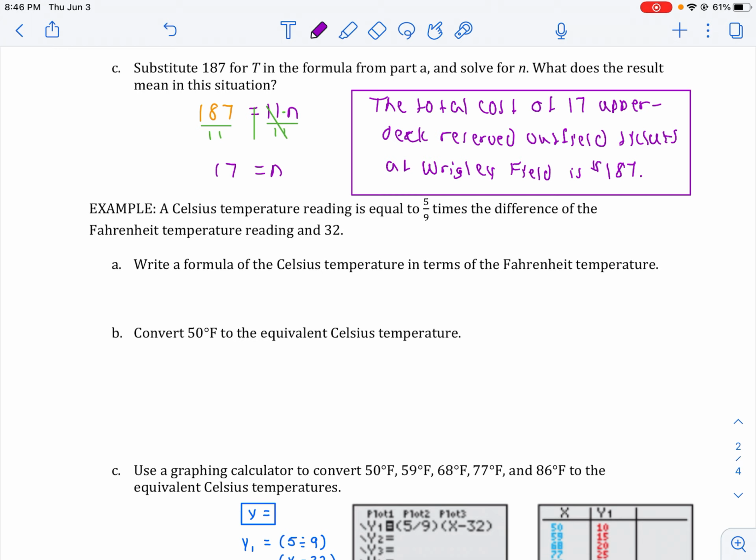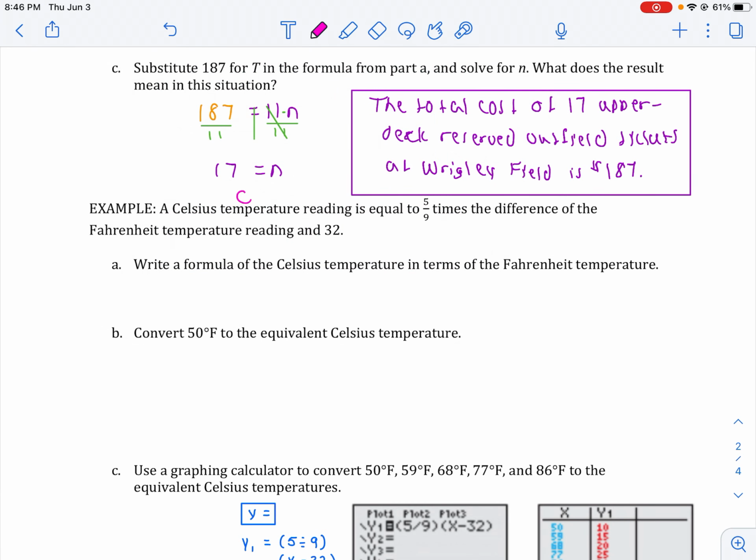Let's look at one more example and then I'll pause this video and start another one. So a Celsius temperature reading is equal to 5/9 times the difference of the Fahrenheit temperature reading and 32. We're supposed to write a formula in order to do this conversion. So what I'm going to do is read this as if we were translating it.